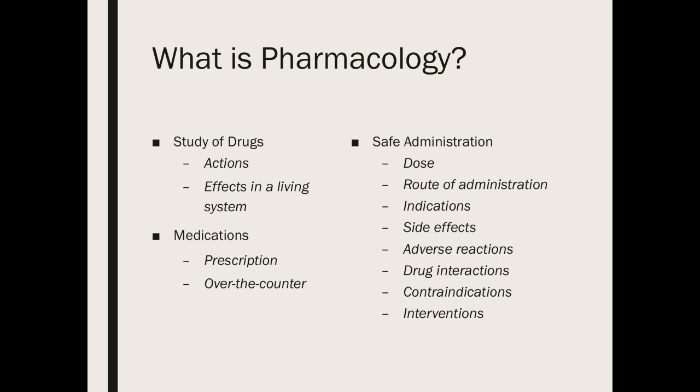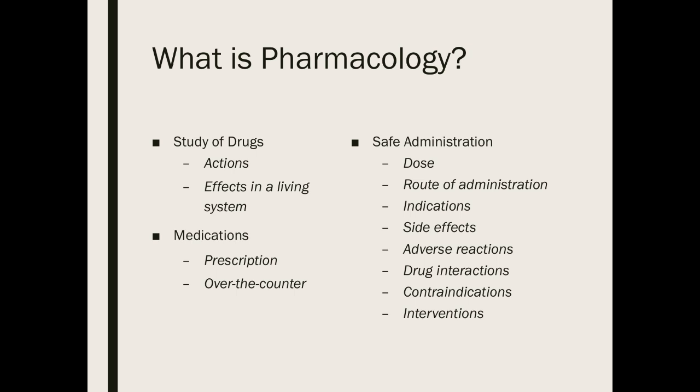So what's the right dose? What's the correct route of administration? What are the indications that tell us that we should be giving this medication? What are some side effects that we should expect? What are some adverse reactions that we're like, oh no, but we can react to and treat them? Maybe we have medications with interactions between them.